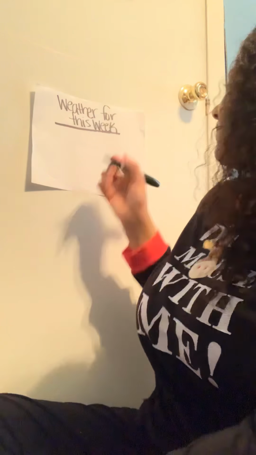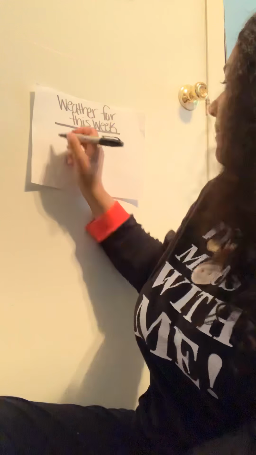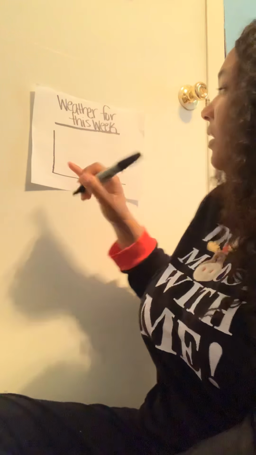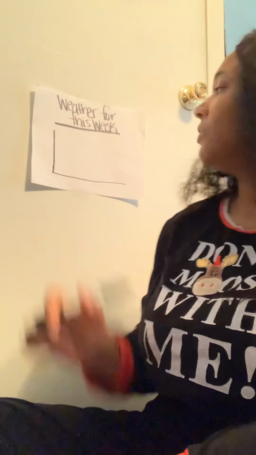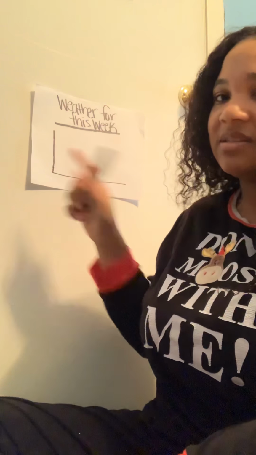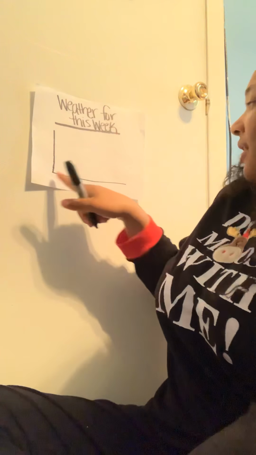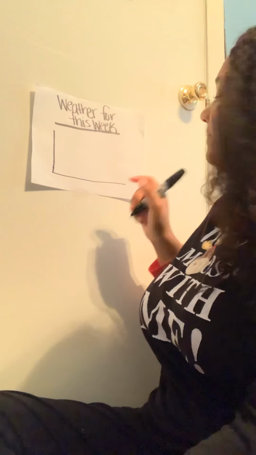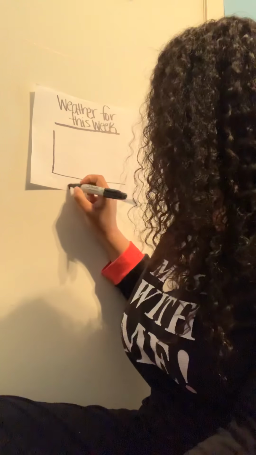Next thing, I need to create my axes. To do that, I'm just going to do a kind of L shape. I'm going to leave a little space at the bottom so that I'm able to label my axes here, and then I'm also going to label my axes here. The bottom is going to be my days, so I'm going to put day of the week.